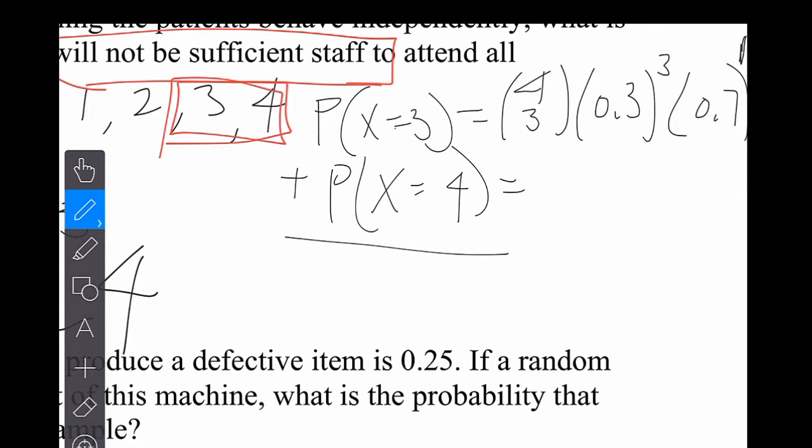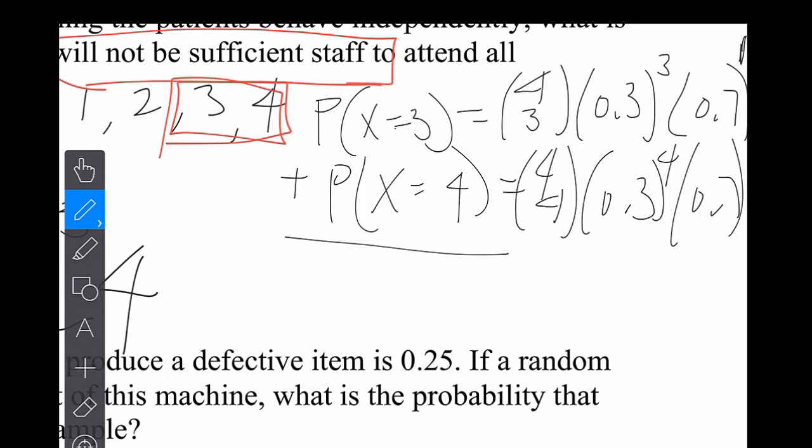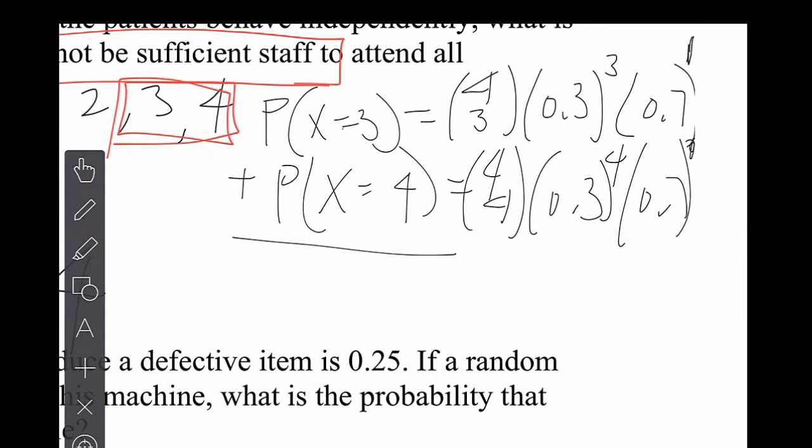Next, it's going to be 4 choose 4, 0.3 to the 4, and 0.7 to the 0. And we move that over. That's a 0. Okay, that's a 0.7.